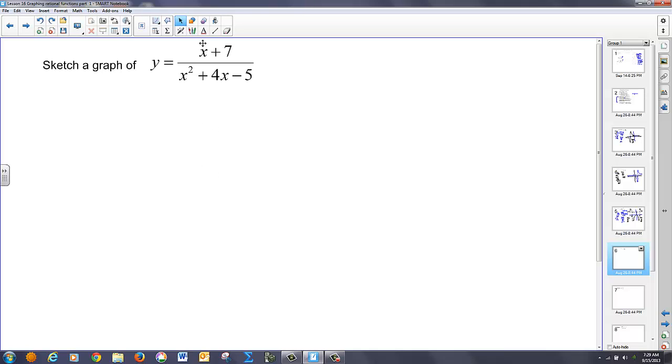All right, let's take a look at this example now. You'll notice again, I have to do some factoring in my denominator. So this goes to x plus 5, x minus 1. Intercepts. Again, set y equal to 0.